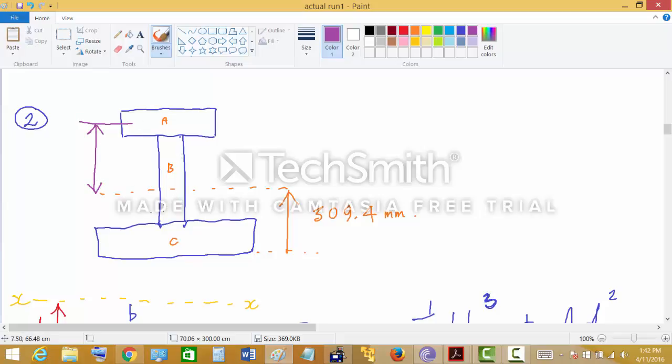So A is at 715 from the datum line, and minus 309 will give you that distance there.